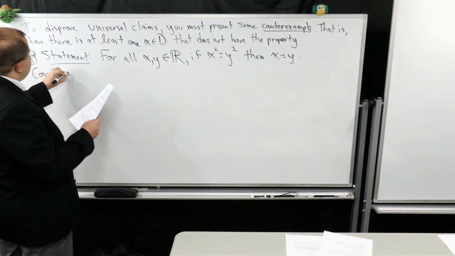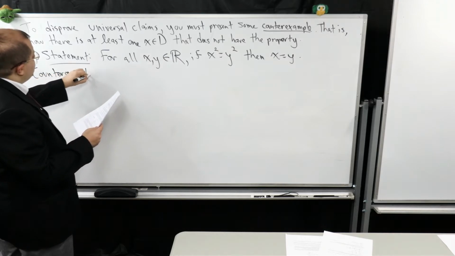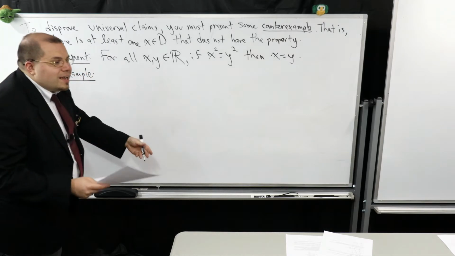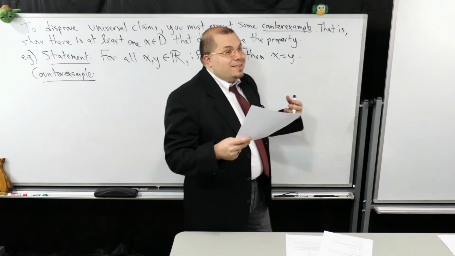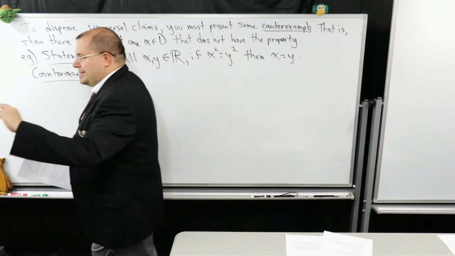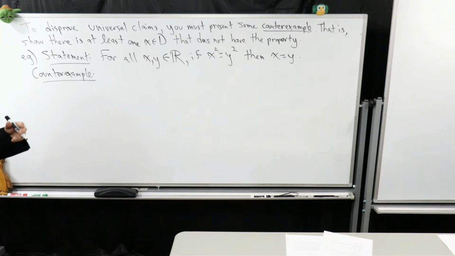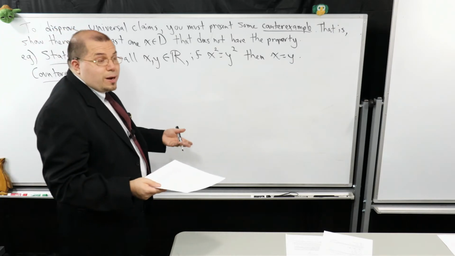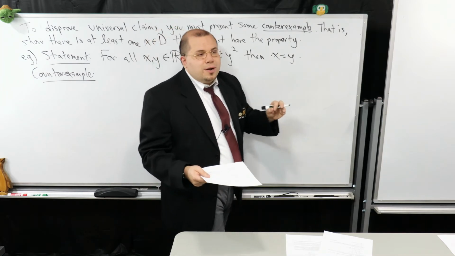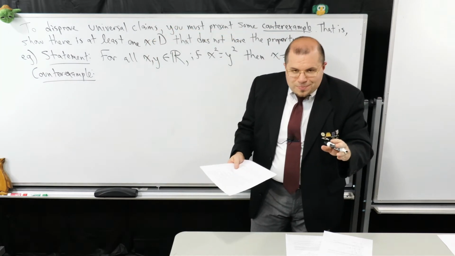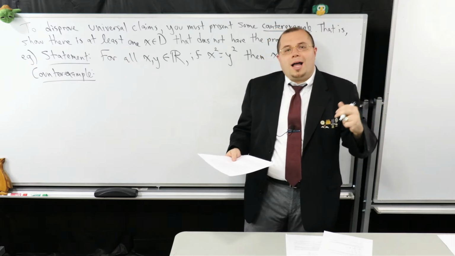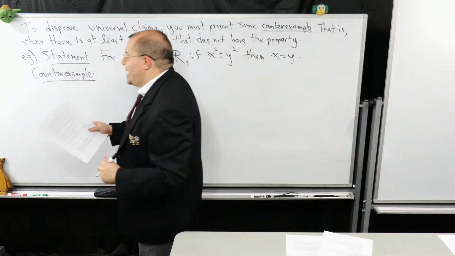Now, normally when you present a counterexample, you don't just present the counterexample itself. You present it and then you show that it doesn't have the property. So it isn't just like, oh yeah, this is the thing and that's it. You notice that for example, in my existential direct proof that I did earlier, I presented to you an example. I had at least one with the property, and I explained to you why it had that property.